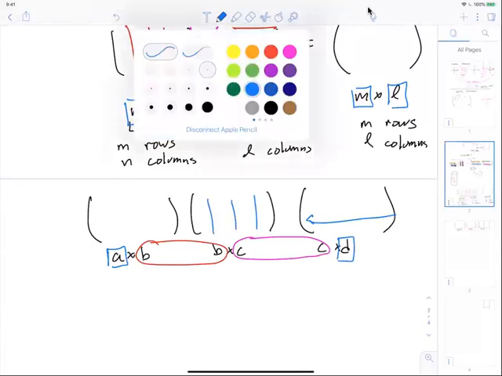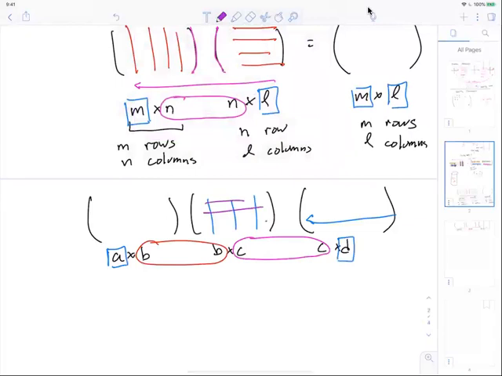And likewise, the number of outputs of the second matrix has to be the number of inputs for the next. And then all you're left with is just what the number of inputs and outputs are for the first and last ones. And that's going to tell us exactly the size of the final matrix. If you can't do this, then we're just going to say it's undefined. You can't do the transformation.